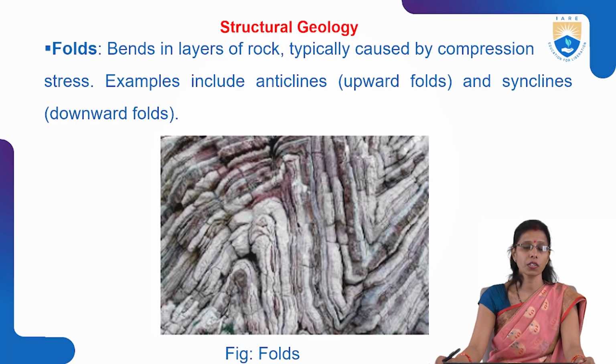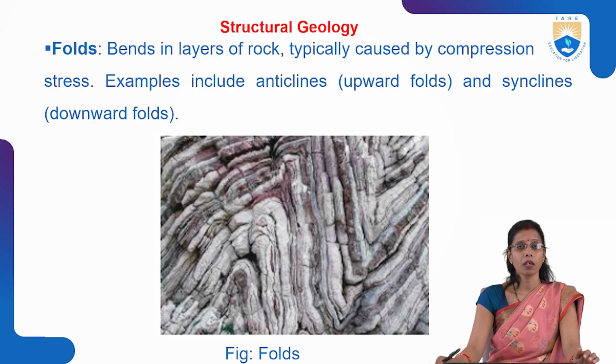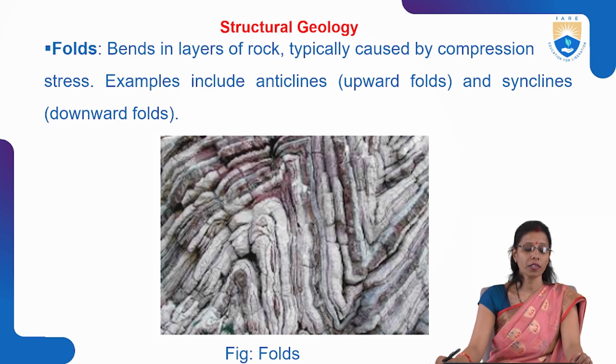In structural geology, when a load is applied, when it goes through heat and pressure conditions, or tectonic activities are continuously in process, or plate boundaries are colliding with each other, then there is a chance of folding, faulting, or ground subsidence. It will go up and down, colliding. All these kinds of deformation will take place.